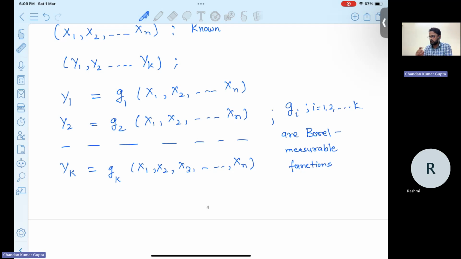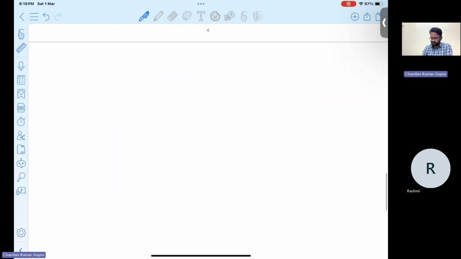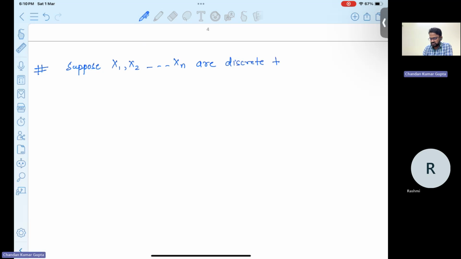For example, suppose x1, x2 up to xn are discrete random variables.